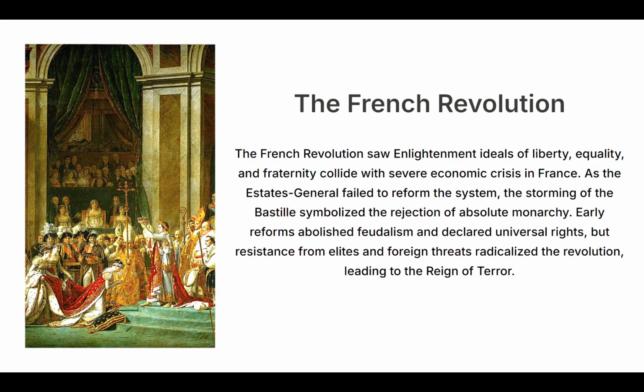Why did the French Revolution become more radical than the American Revolution? Because France faced deeper social inequality and deeper economic crisis. Revolution unfolded internally, not against a distant imperial power.